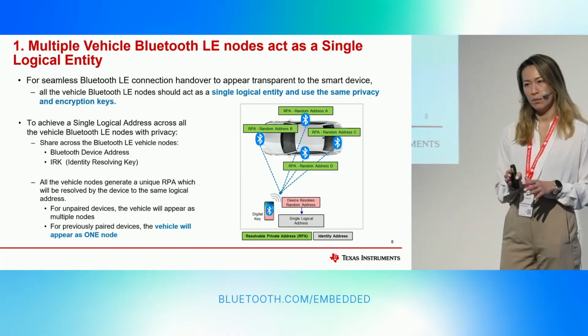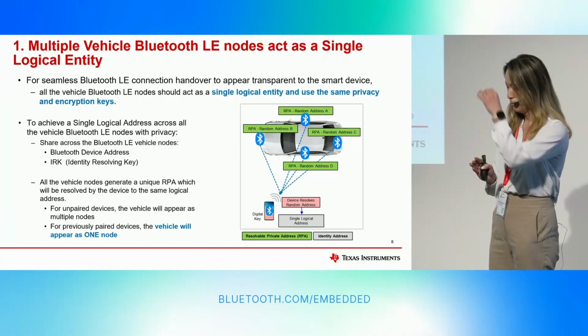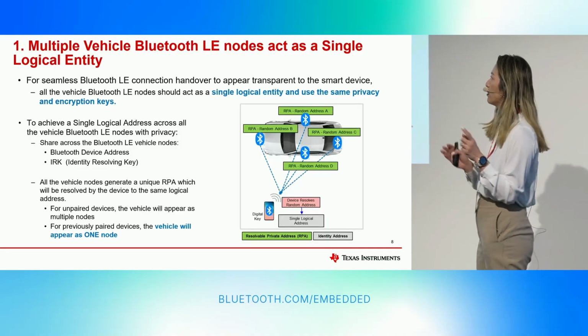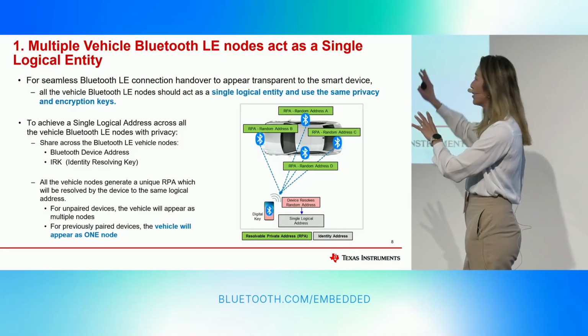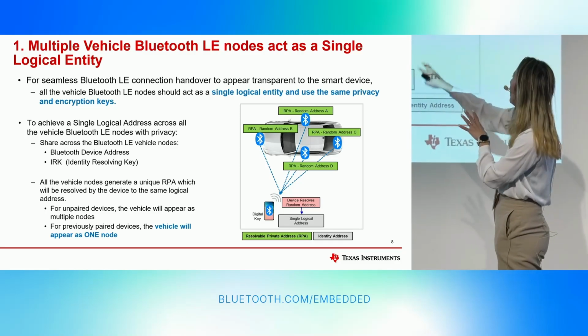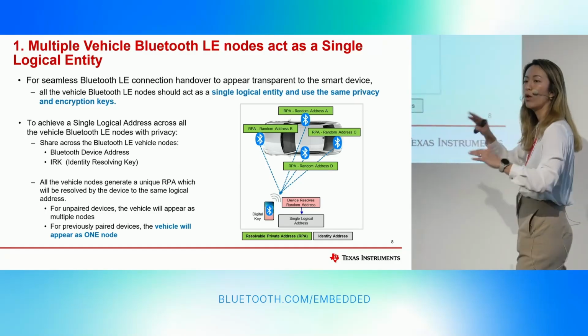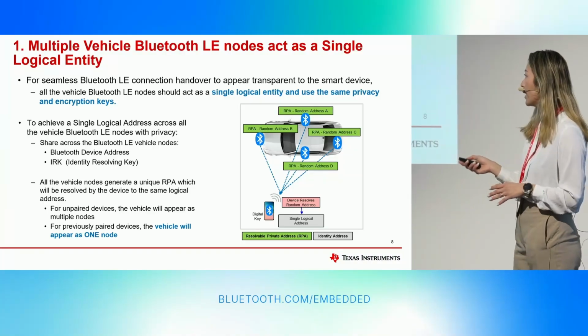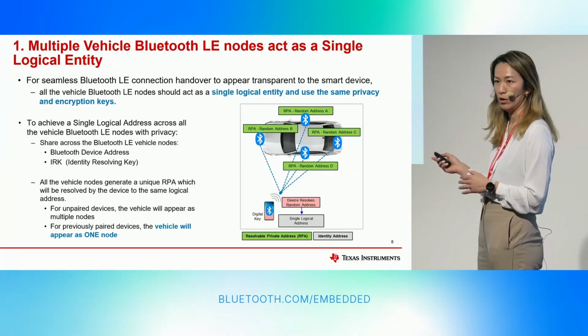So for the peer device, the paired phone, it will only see one device, right? So it can ensure you can always connect because you have coverage around the car. And that's basically step 1.